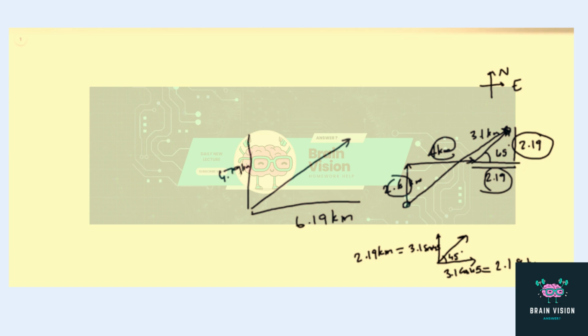We can find out its magnitude using Pythagoras theorem. It would be the square root of the sums of the squares of the sides, which would be 6.19 squared plus 4.79 squared. By plugging this into a calculator, we can see that this is equal to 7.83 kilometers.